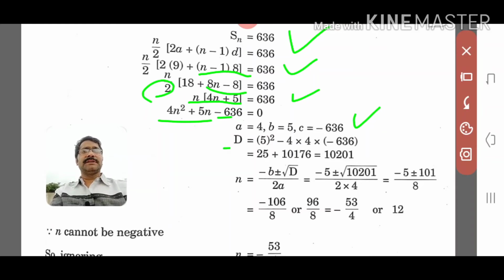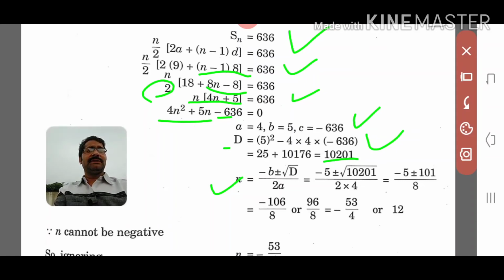So we find D first. D is b square minus 4ac, so D we get here 10,201. And now what will n be? n will be minus b plus minus root D upon 2a. Here b is 5, so minus 5 plus minus root 10,201 upon 2 into 4.